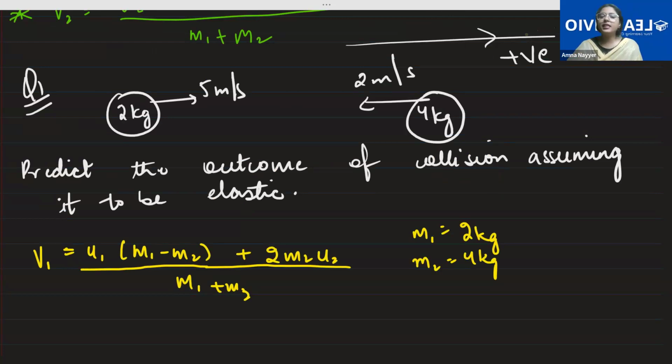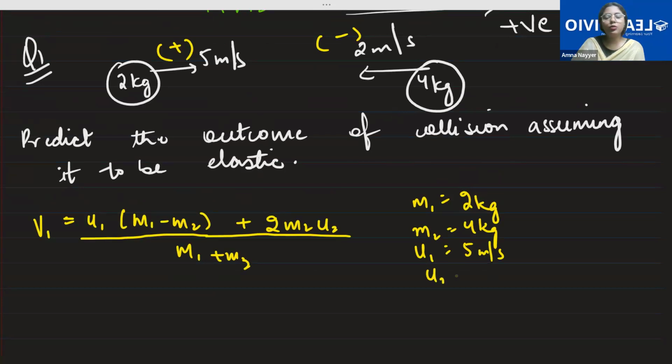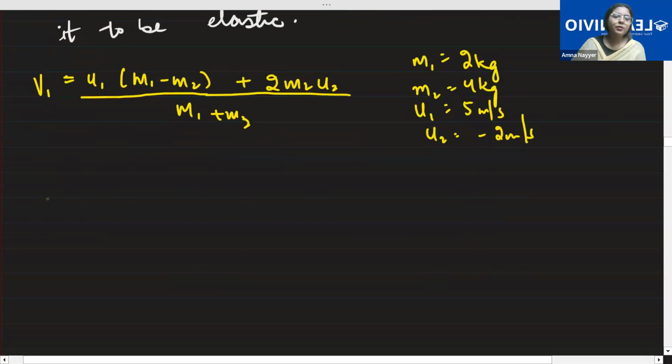In the question, it is already specified to take the direction from the left to the right as positive. So this will be positive, this will be negative, right? We'll have to put in the values as they are. So U1 will be equal to 5 meter per second, U2 will be equal to minus 2 meter per second. Now let's put in the values.